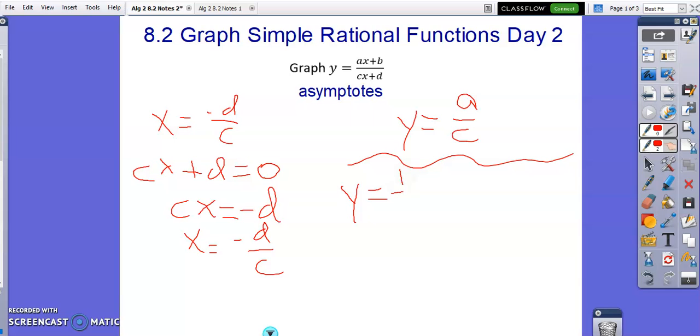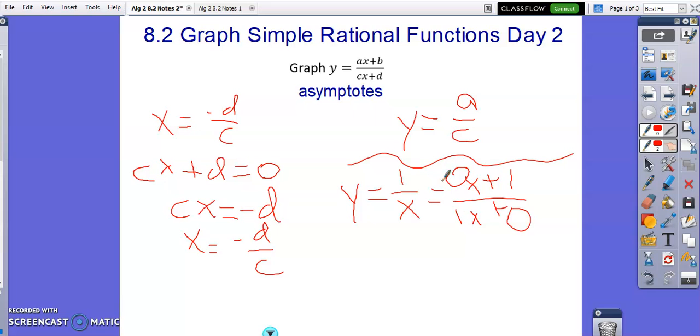Yesterday we graphed y equals 1 over x, which looks different than what we're graphing today, but think the top didn't have an x, so if there wasn't an x there, that must have meant a was 0. So there's 0x, there's the 1, plus 1. While in the bottom, here there is an x, so that's the 1x right there, that's c is 1x. But you see there's nothing else down there with it, so it's kind of like there's a plus 0, like that d is plus 0.